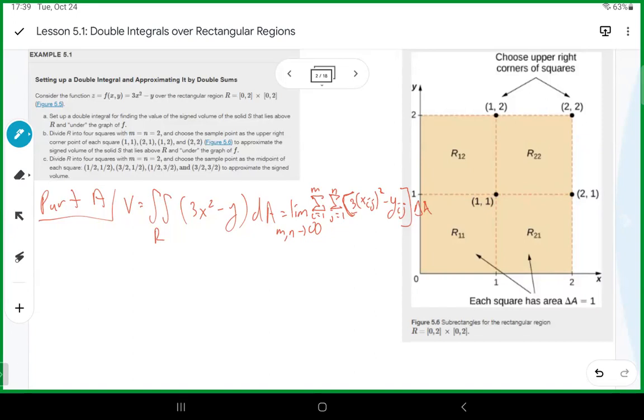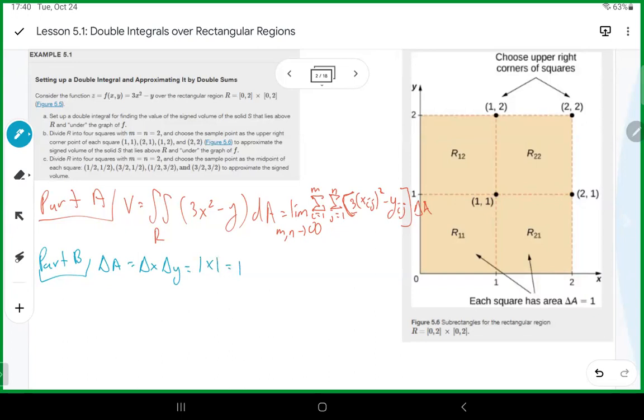So approximating the signed volume using the Riemann sum, we would have delta A, so this goes into part B. We would have delta A equal to delta x times delta y, which is going to be 1 times 1, which is just 1.